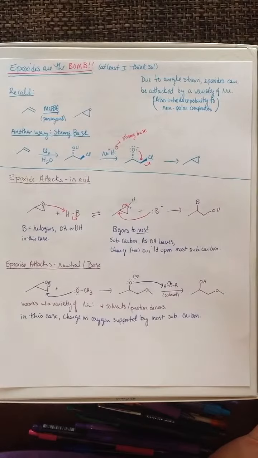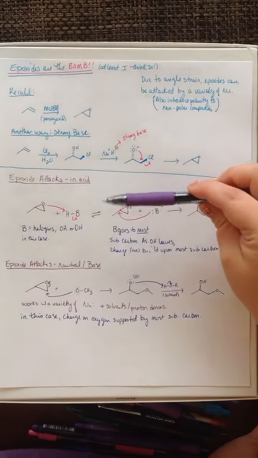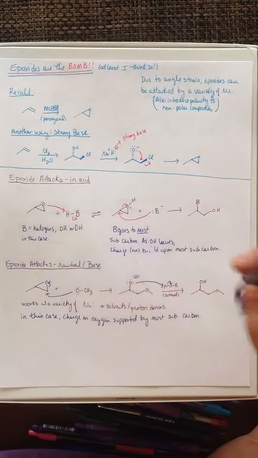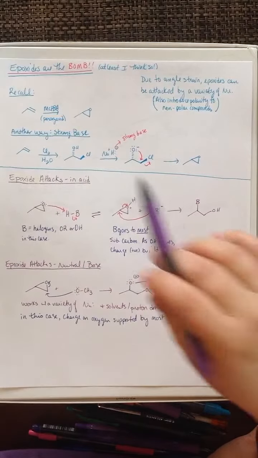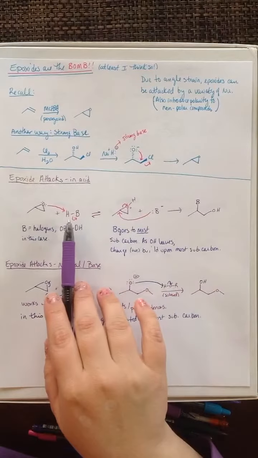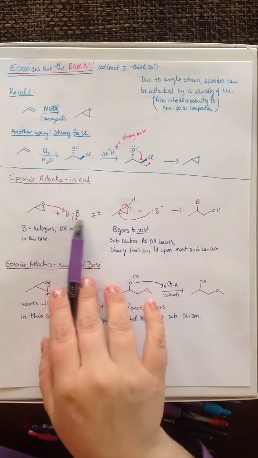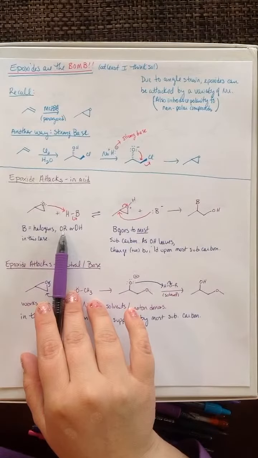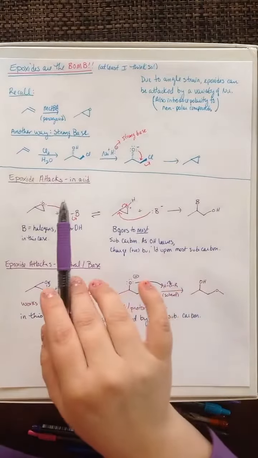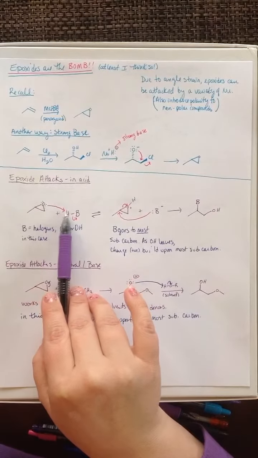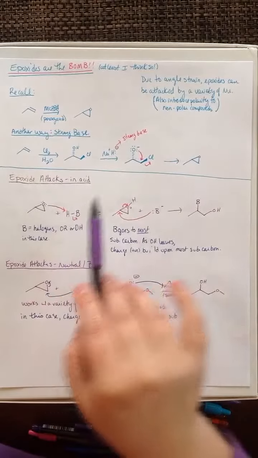Okay. We can attack epoxides either in acidic conditions or neutral or basic conditions. So let's start with the acid first. If you have an acid of this sort, and really there's a lot of things that can work here, so not just halogens, but ethers or even water, this oxygen could come and grab that hydrogen, electrons move out.